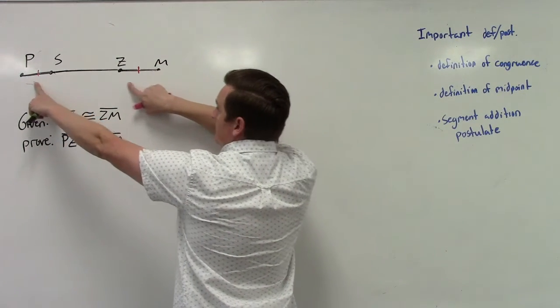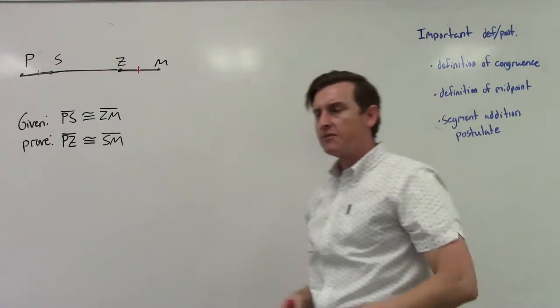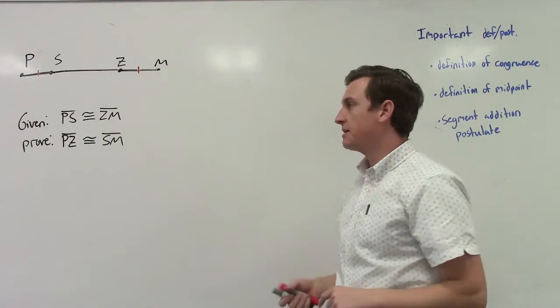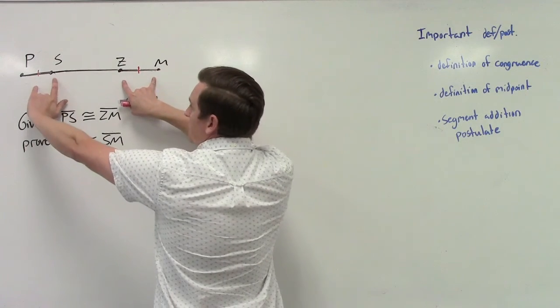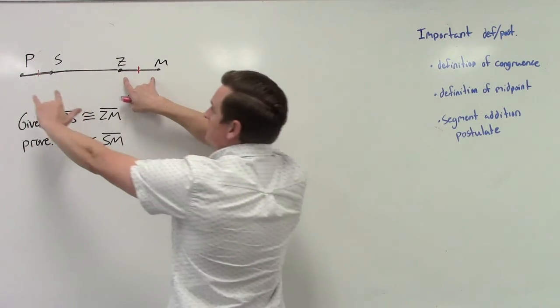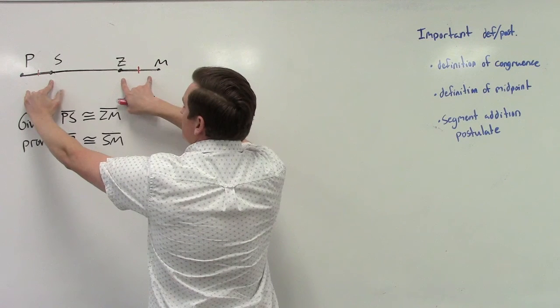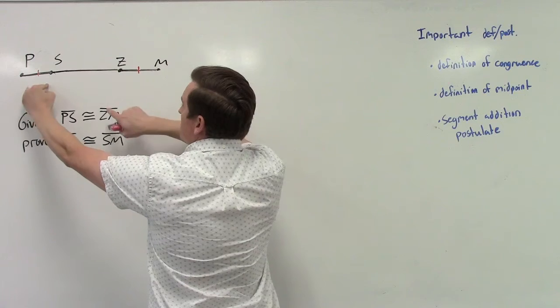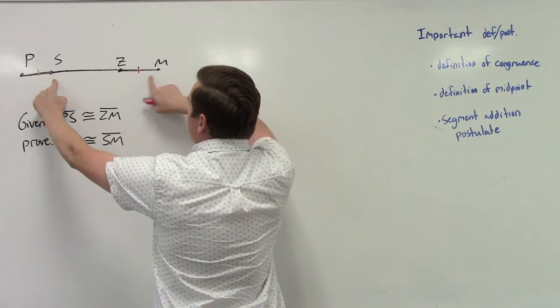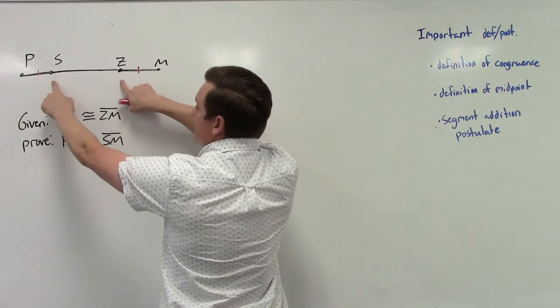Okay. Well, let's see if we can think through that for just a second to get the wheels turning before we jump in here. If I take two things that are congruent, that means they're equal in measurement. So two equal measurements, and I add the same thing to them, right? PZ is PS plus SZ, and SM is ZM plus SZ.